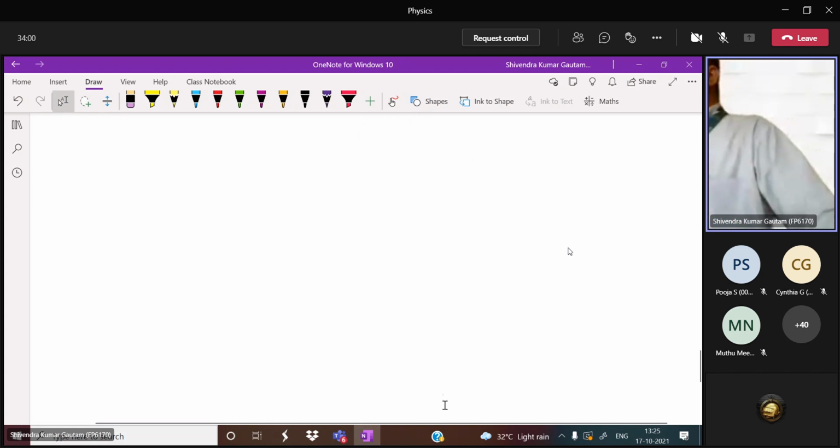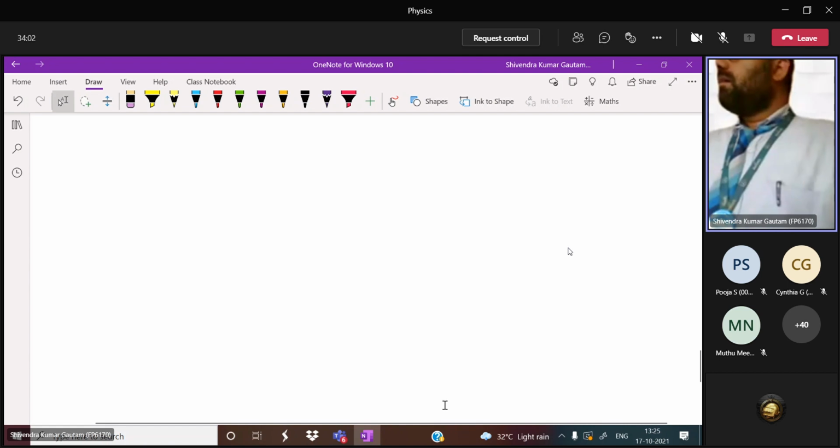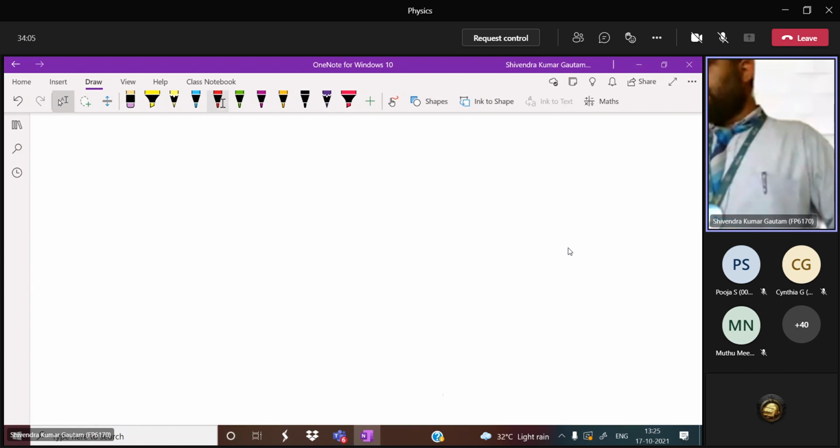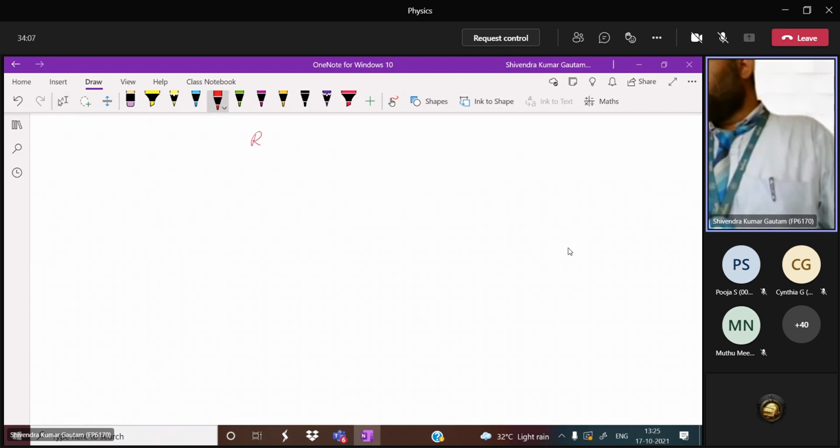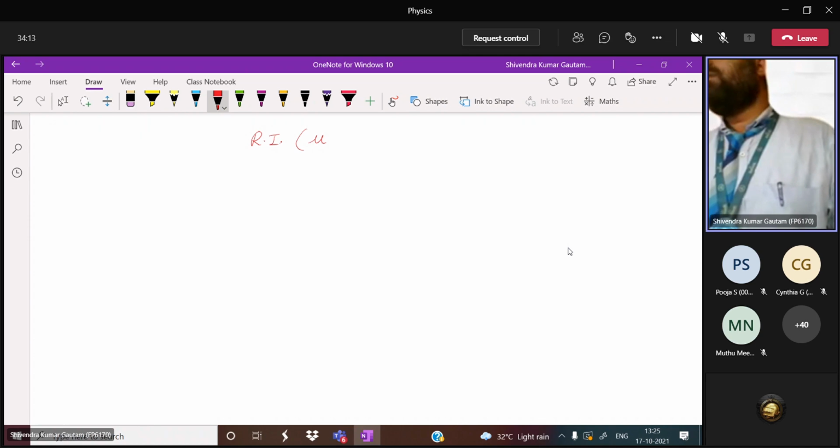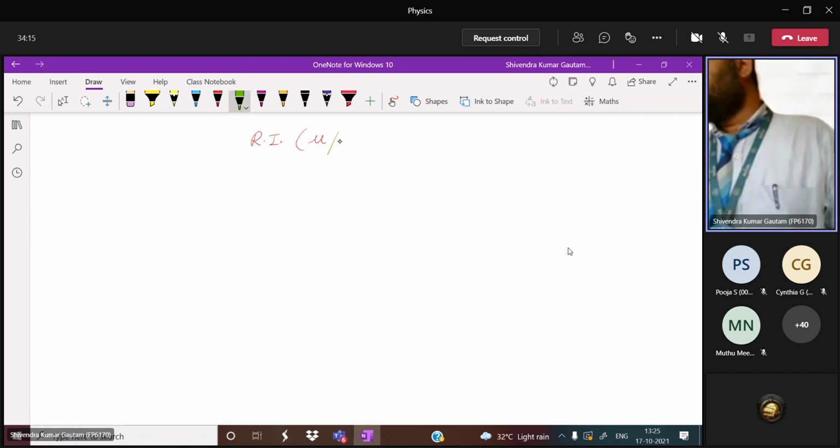Now see, one important parameter we are going to discuss now, that is refractive index, RI. Notation for this is mu; R you'll find in NCERT, n also.